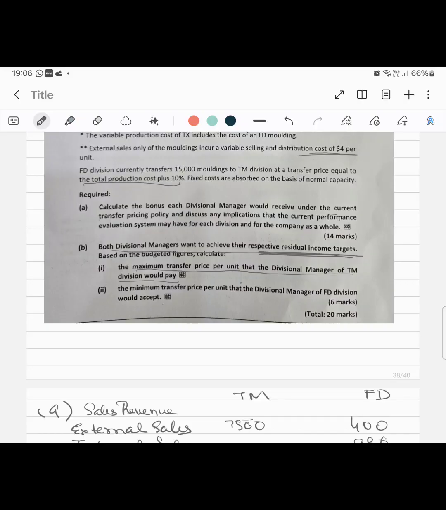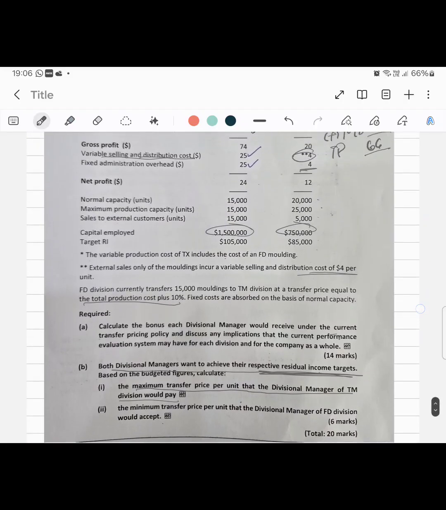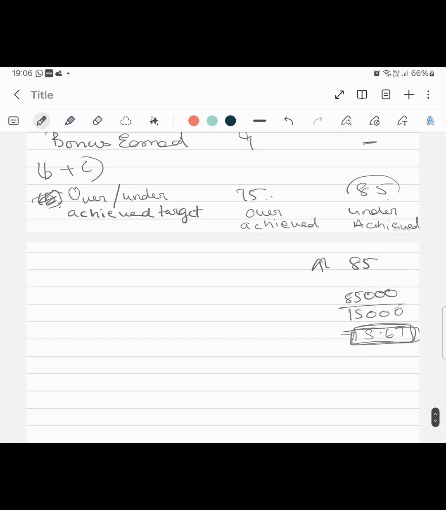In Hindi I would say, if FD did not generate any residual income, it is zero, so to achieve the target it will have to increase its income by 85,000. So by 85,000, how much transfer price does it need to charge? The internal transfers made by FD are 15,000 units, so the increase in the internal transfer price would be 85,000 divided by 15,000, which is 5.67.